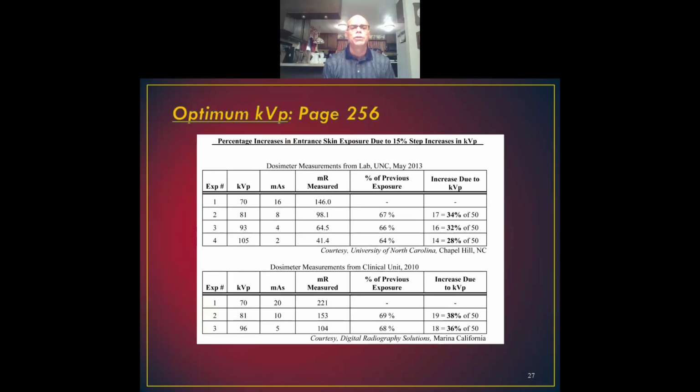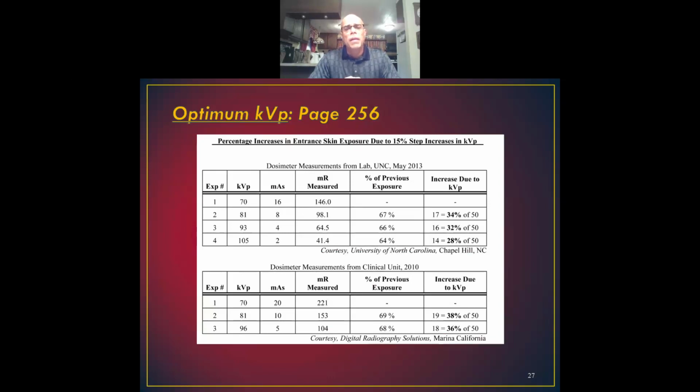The first exposure, 70 at 16 mAs, gives you an mR reading of 146. So by taking that 16 mAs, cutting it in half to 8, and increasing our kVp by 15%, which turns out to be 81, we now have a measurement of 98.1 mR units measured. That is 67% of the first exposure.